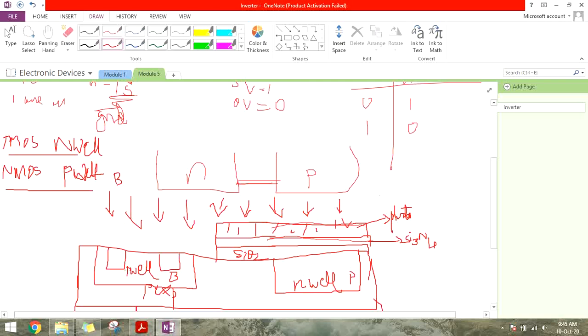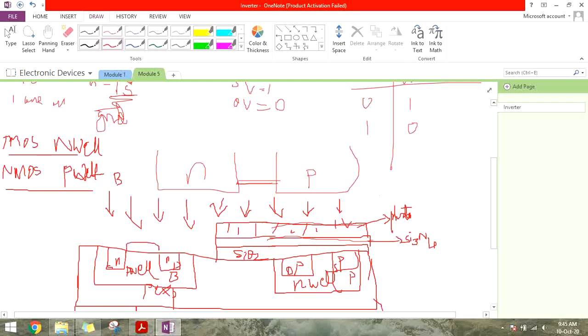So in this P well we have the N diffusion, that is the phosphorus, and in the N well we have the P diffusion, that is the boron, to form the source and drain terminals.